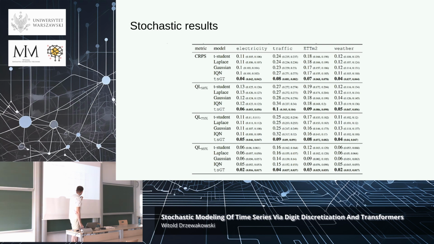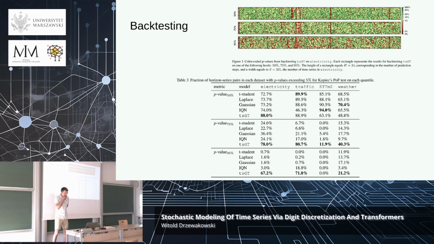So to measure the true stochastic properties of TSGT, of our approach, we also try to approach the evaluation using a more principled approach, and that was to use well-known statistical tests to basically test if the model models certain quantiles well, right?